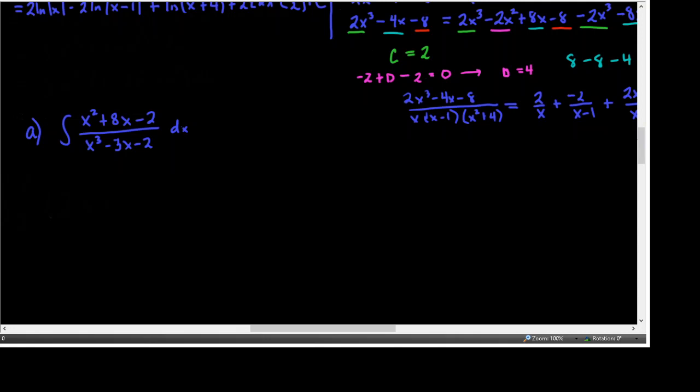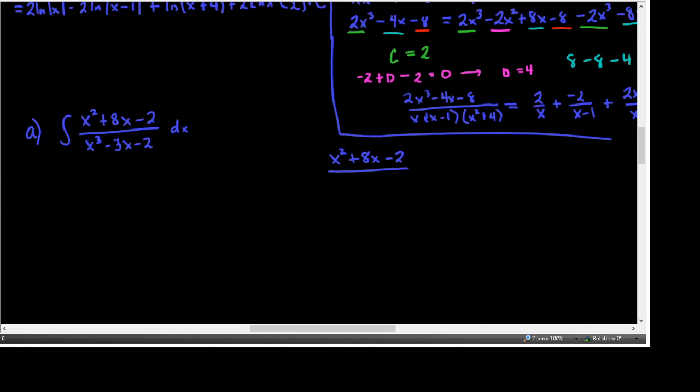Okay, my first thought would be, can I let u equal the denominator? If I do that, the derivative will be 3x squared minus 3, which is not the numerator, so that's not going to work. So I'm going to try to see if partial fraction decomposition will work. So x squared plus 8x minus 2.